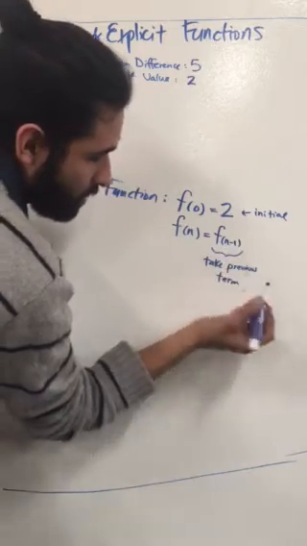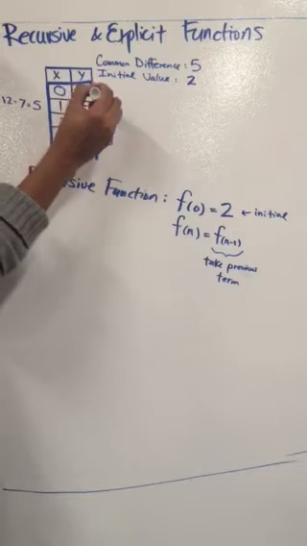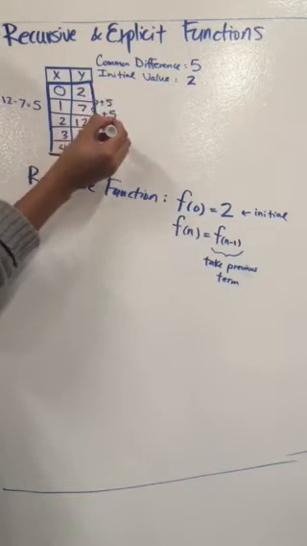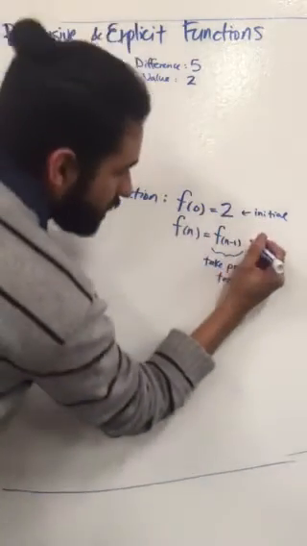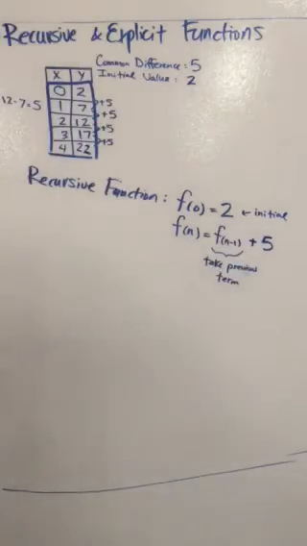That's why we have the n minus 1. Take the term before, and how does this pattern increase? Add 5, add 5, add 5, add 5. So we're going to take the term before and add 5. And that's going to give us our sequence.